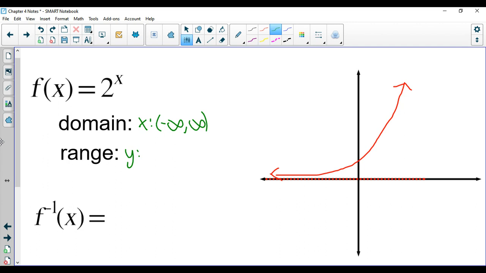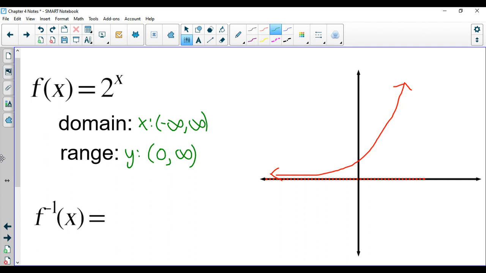Our range, though, what's the lowest? What do we get close to as we go down for the y? What's the y getting close to? It's getting close to 0, but it's not touching it because there's an asymptote here. So I'm going to put parenthesis with a 0. Again, the parenthesis means it's getting close to but never actually equaling it, and it's going to go up to infinity.